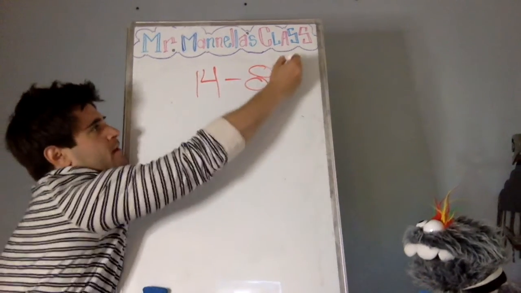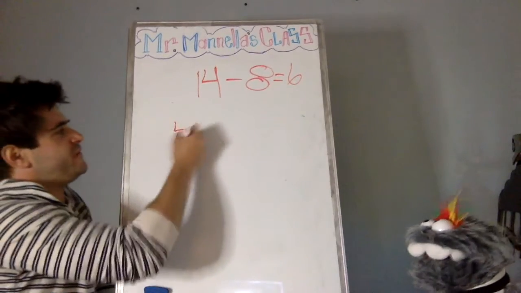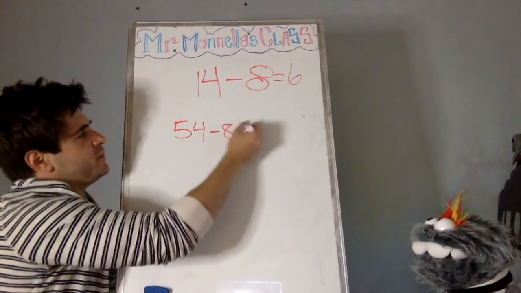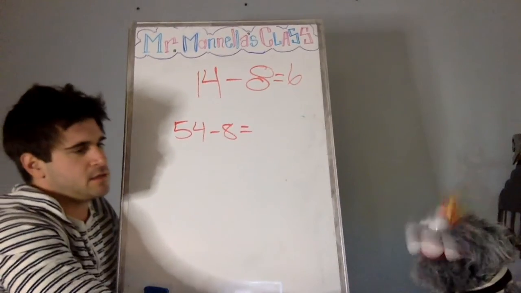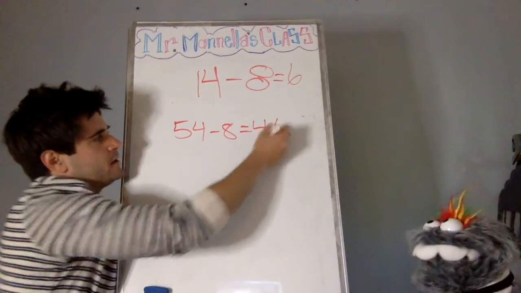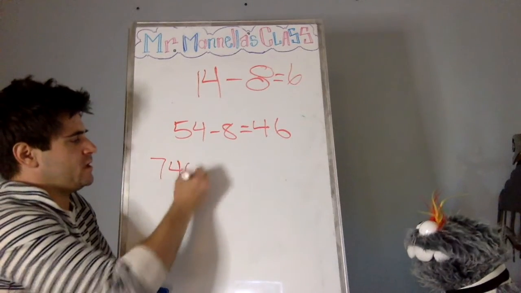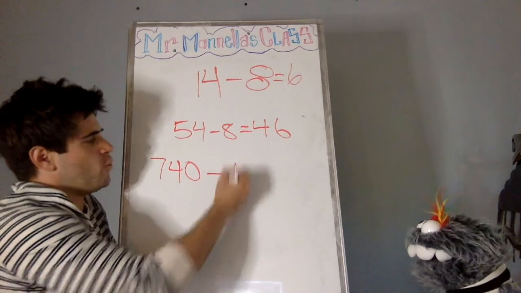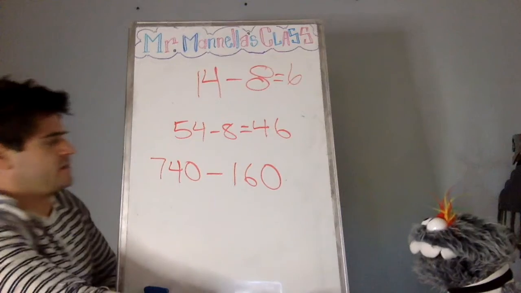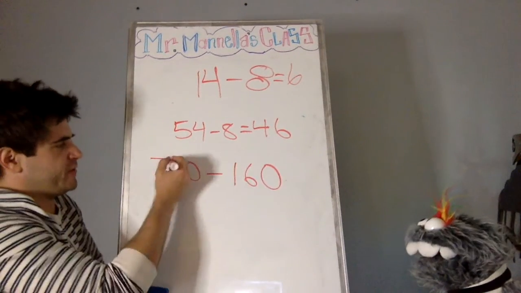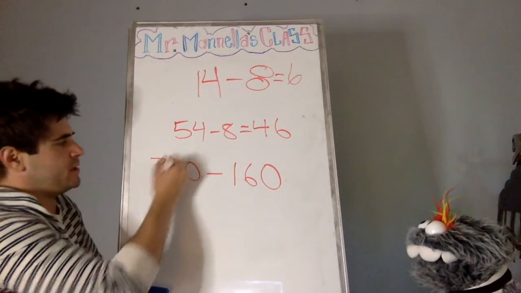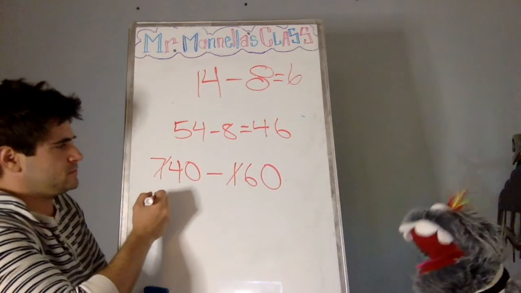What's 14 minus 8? 6? Yeah, it's 6. Okay, so 54 minus 8 would be 46? Correct. Okay, and let's say 740 minus, let's say 160. Okay, so let's take our hundreds away first. What's 700 minus 100? So we're at like 600.